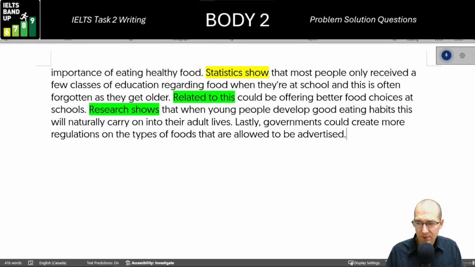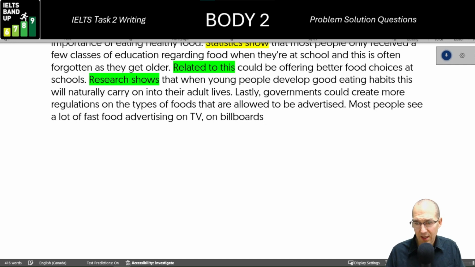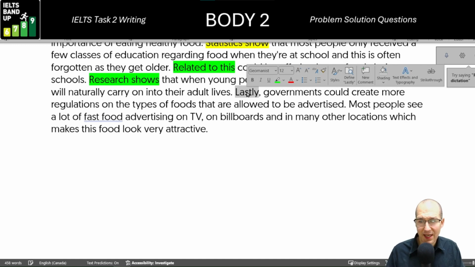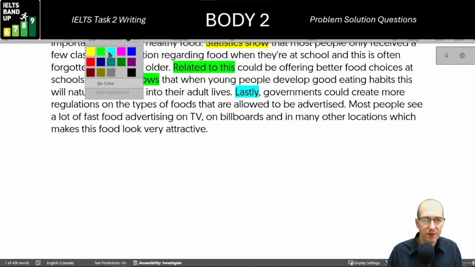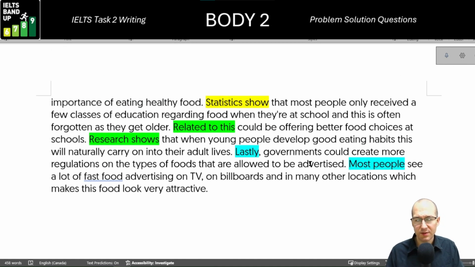Most people see a lot of fast food advertising on TV, on billboards, and in many other locations, which makes this food look very attractive. And that could be our third point, right? And there's lastly, right? So this is showing where our third point will come in. And this is the point that leads into our last one.